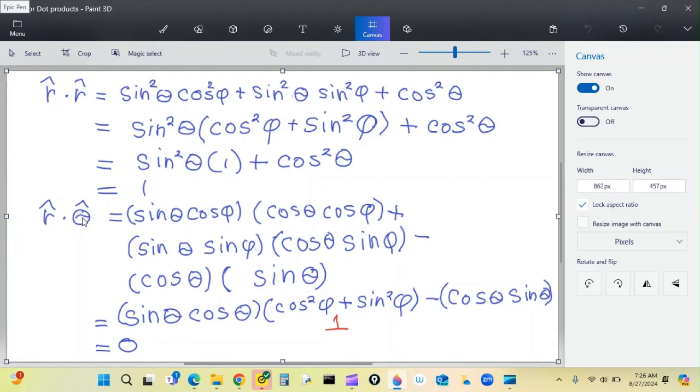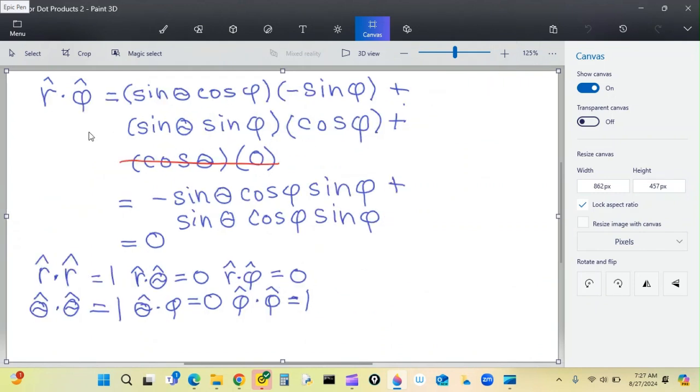Now, if you notice, we can multiply these things out and pull a sine theta, cosine theta out of each one of these. And that's going to leave us with cosine squared phi. And down here, that'll leave us with a sine squared phi. Well, that equals 1. So you think, oh, it's going to be 1. No, because if you take sine theta cosine theta minus cosine theta sine theta, that's just going to equal 0.